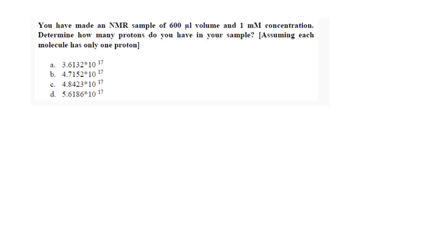So you have made an NMR sample of 600 microliter volume and 1 millimolar concentration. Determine how many protons you have in your sample, assuming each molecule has only one proton. So can anyone calculate this?